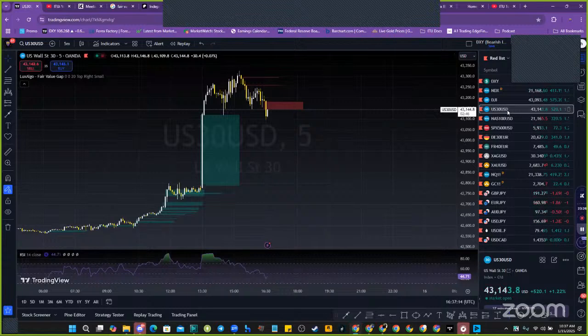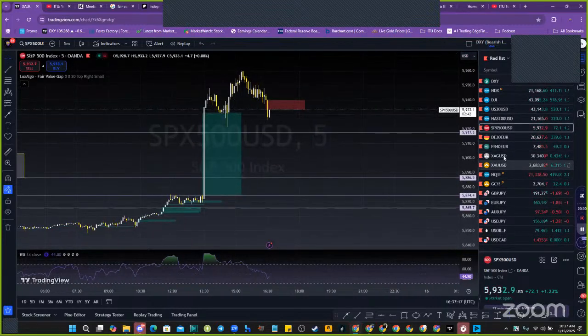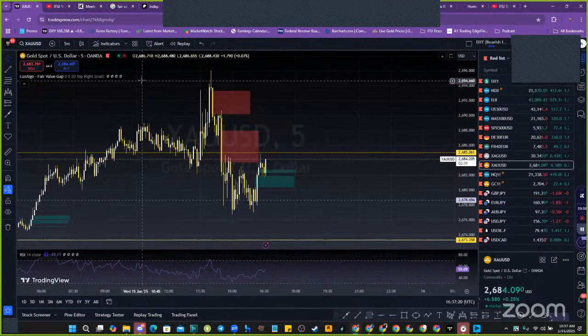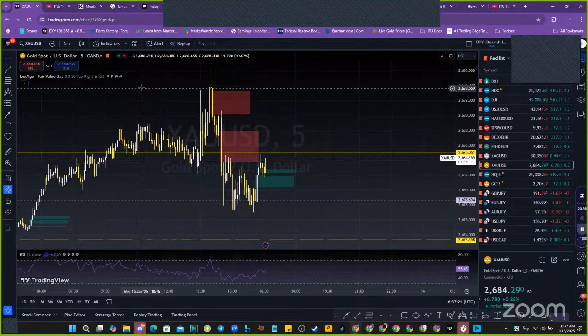If you look at the weekly for gold, it's kind of ranging right now. So I wanted to give me a better confirmation on which side it wants before I commit to something, especially with the dollar doing what it's doing.